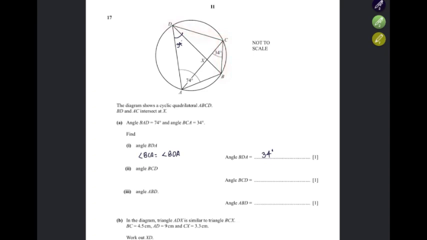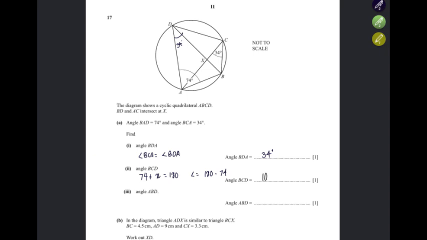Now we know that this is a cyclic quadrilateral, and when you have a quadrilateral, all vertices are touching the circle. 74 plus this angle equals 180. Alright, so 74 plus x, which is angle BCD, equals 180. So the angle is 180 minus 74.